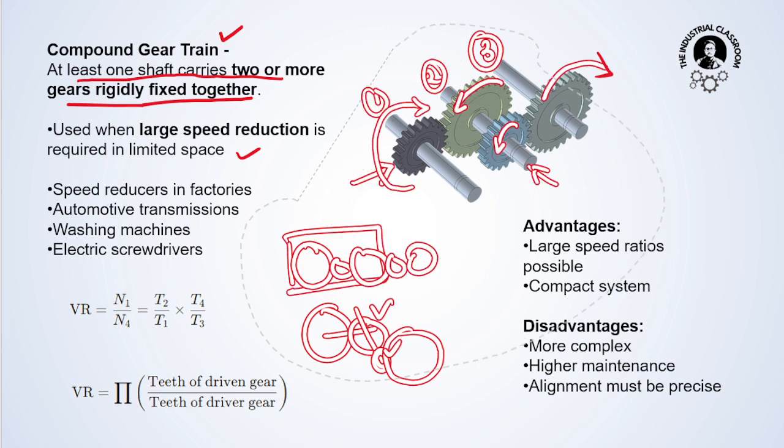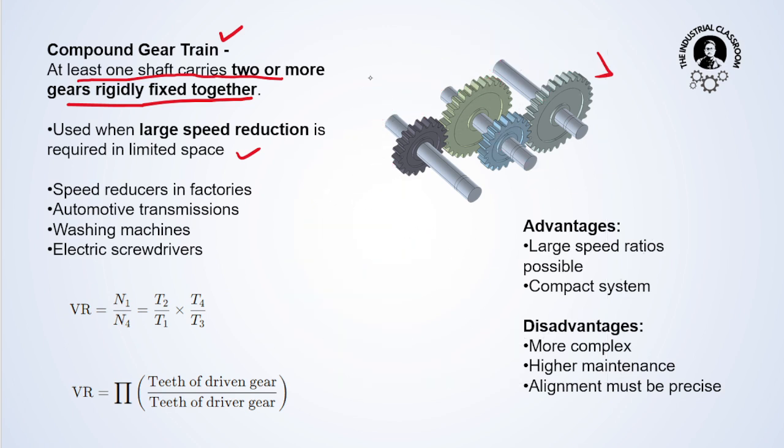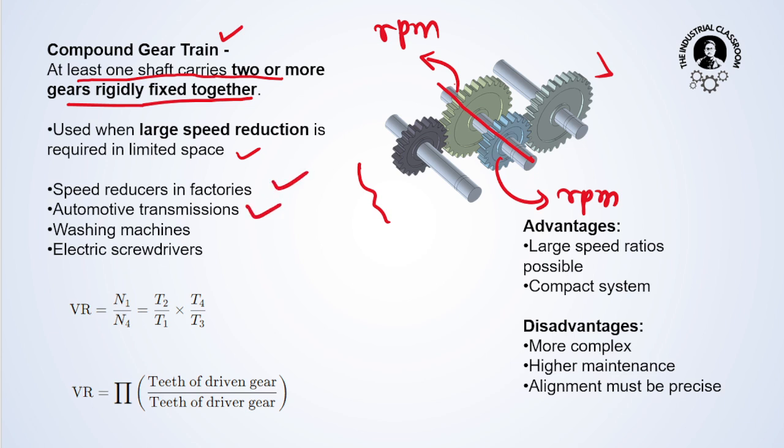Here you can see that the shaft has a single fixed RPM, and both gears will rotate with the same RPM, because they are fixed on a single shaft. These are used in every industry: speed reduction in factories, gearboxes, automotive transmissions, washing machines, electric screwdrivers.